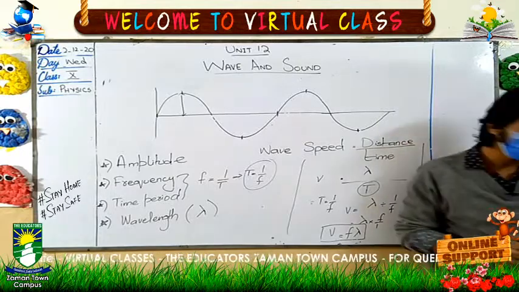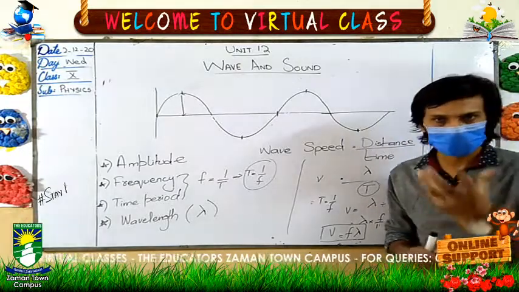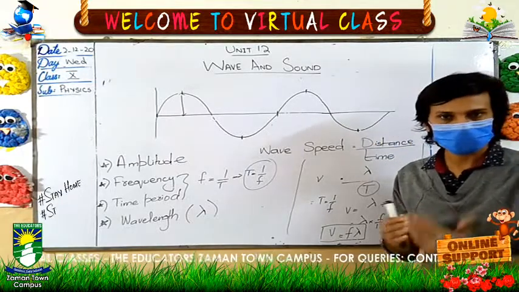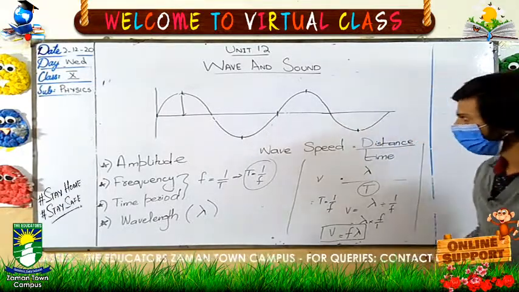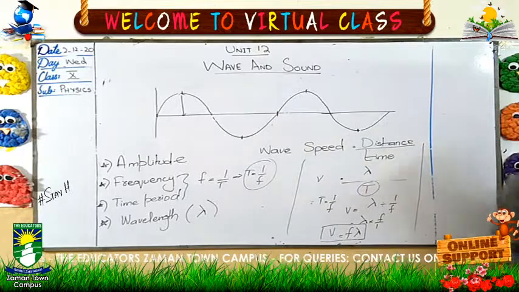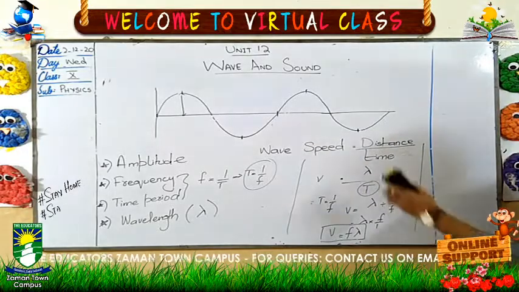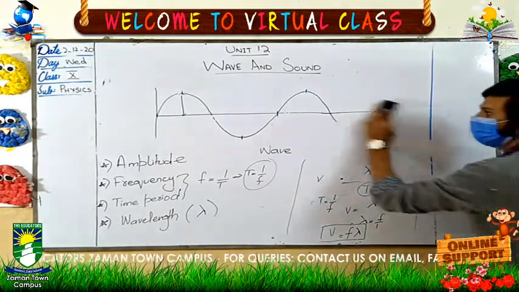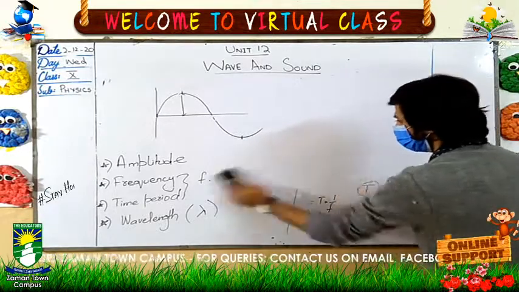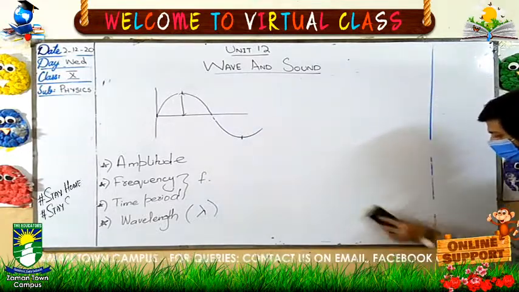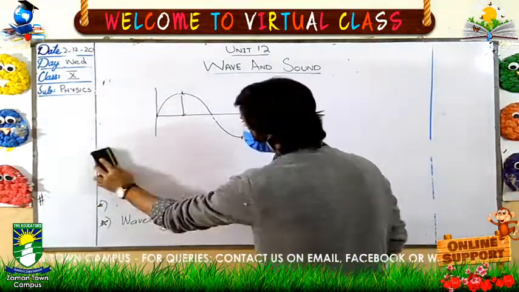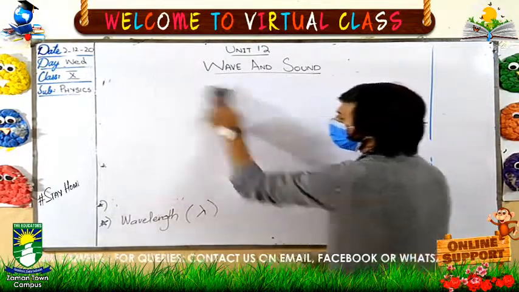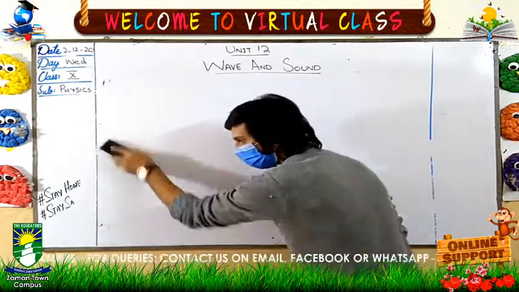Okay, now we have two numericals, two problems, and we will discuss each of them one by one. So first of all, I am raising the board. These two problems are related to the wave.